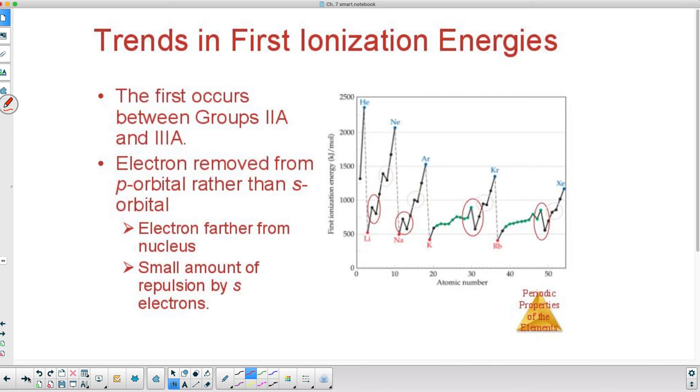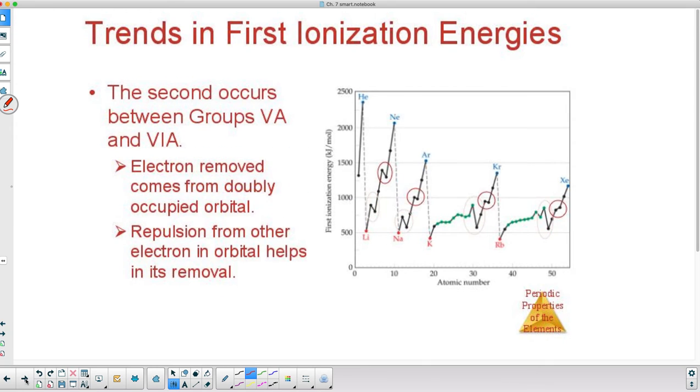So here we remove from the p orbital as opposed to the s orbital there, and that's why it doesn't follow a clear pattern. The electrons are further from the nucleus for the p orbital, and there is a small amount of repulsion by the s electrons. So that accounts for the differences. You don't need to memorize that.